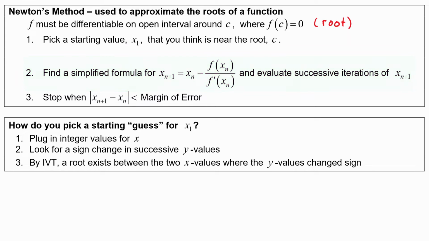So what that means is you're going to find x1, and then you'll find x2, and then you'll find x3, and so on. That's what they mean by successive iterations. These are the iterations, x1, x2, x3, etc.